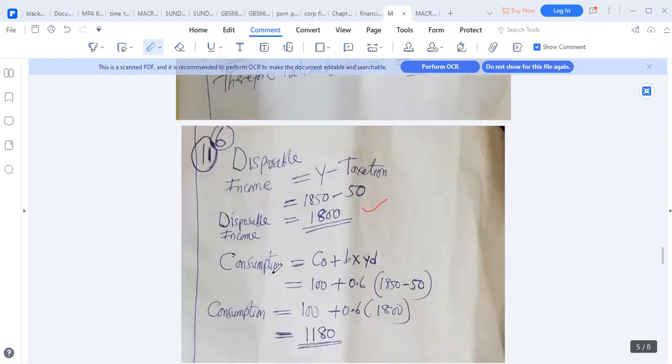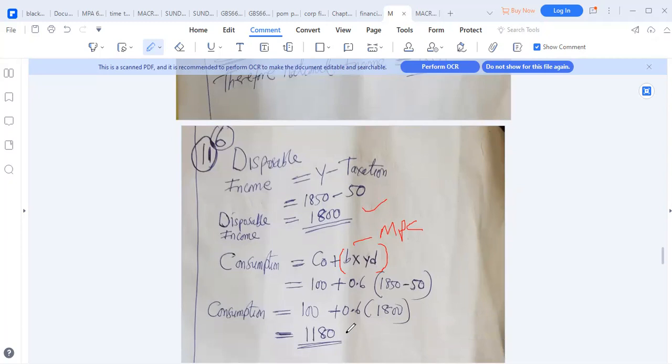Our consumption is equal to 100, the autonomous consumption, plus B, the marginal propensity to consume, times the disposable income. So consumption is 1,180. This is our consumption bundle.